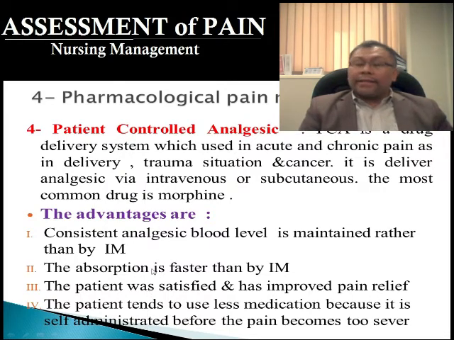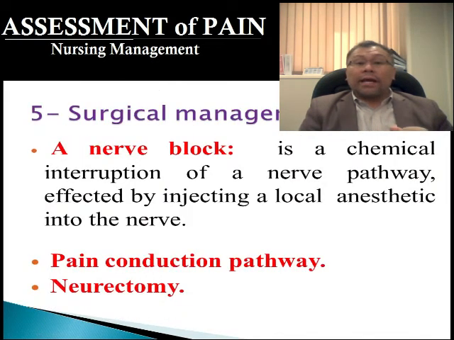So if pain can't be managed by any pain medications, this is the time there will be surgical management of pain. Now, chemical interruption of a nerve pathway is effected by injecting a local anesthetic into the nerve. So it involves the pain conduction pathway or neurectomy. So meaning there's what we call removal or cutting of a particular nerve, to block the pain.